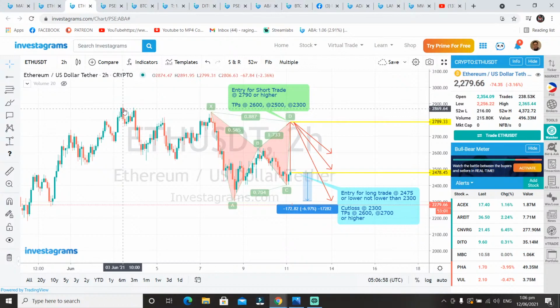Our entry was 2,770 or closer to 2,900, and the cut loss is at around 2,900. If you're still holding it, the current price is in here, so without leverage you would already have more than 25%.